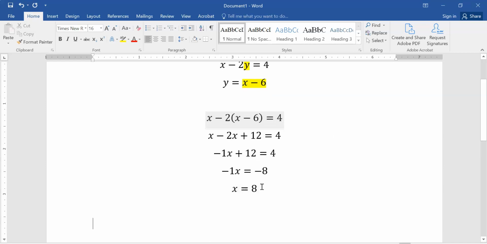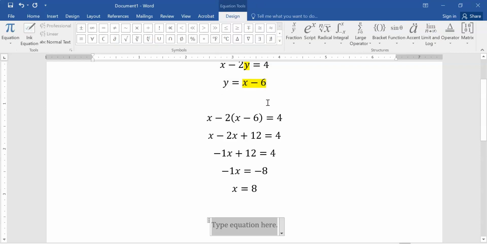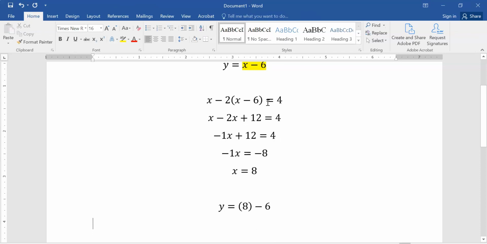Now, once we have x equals 8, just like we did with elimination, we plug it back into one of these original equations. I generally like to plug it into this one, makes it a little bit easier because we've already solved for y. So y equals 8 minus 6, y equals 2.